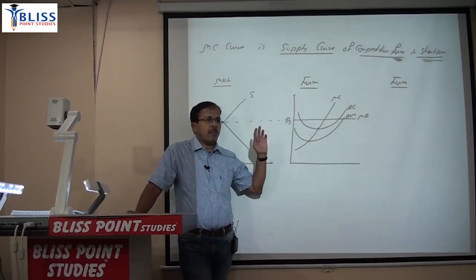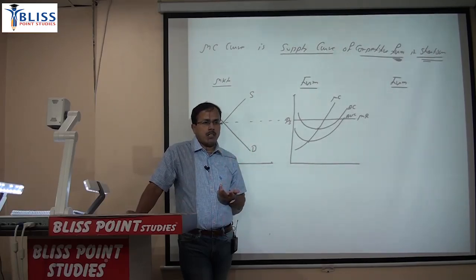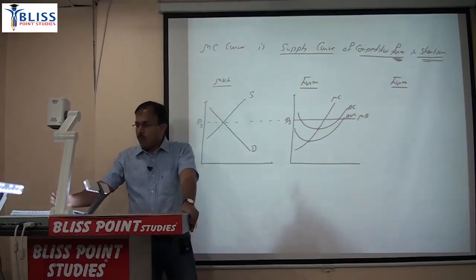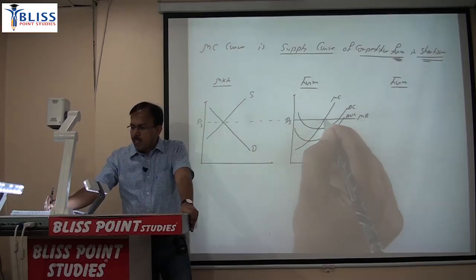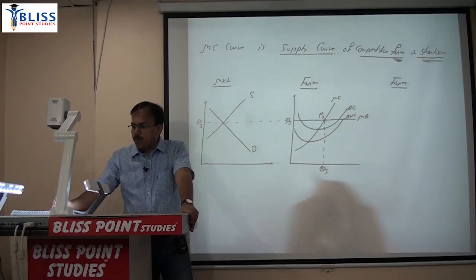Firm will always produce that quantity where its own profit is maximum. And what is the profit maximizing condition? MR equal to MC, so just equate that. So at price P3, MR equals MC at this point. Mark that point E3. So firm will be producing quantity Q3.